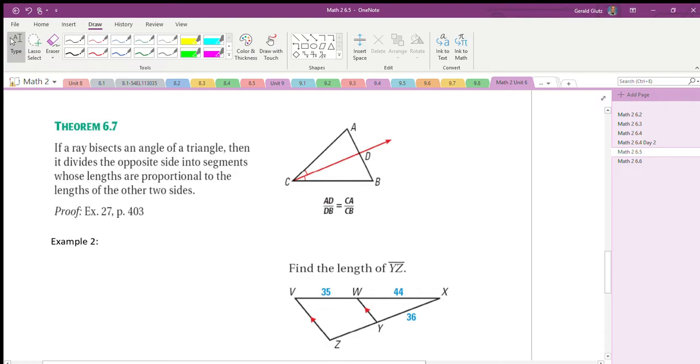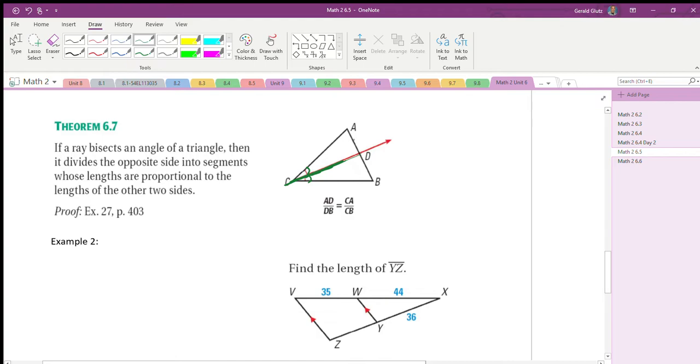Another theorem that we're going to talk about is if a ray bisects an angle. Hopefully you remember what it means to bisect. So this is bisecting this angle right here. The bisector is coming down to separate this angle into two congruent angles. So those two angles would be congruent. If that's an angle bisector, then we can write a proportion that looks like this.